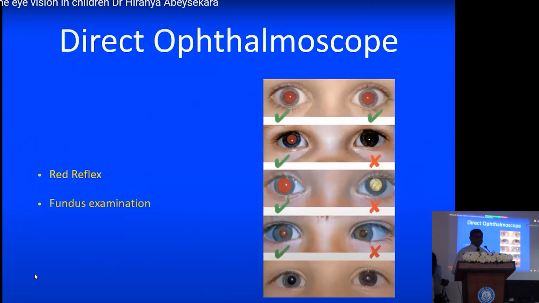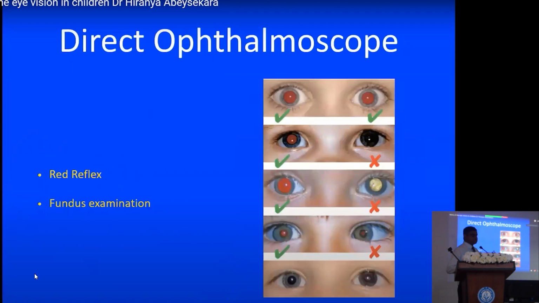The red reflex is a very, very important test that you should practice because you are supposed to elicit the red reflex in newborns. To see the red reflex in a newborn, you should be thorough with the red reflex examination, like anything else. Say, for instance, murmurs.